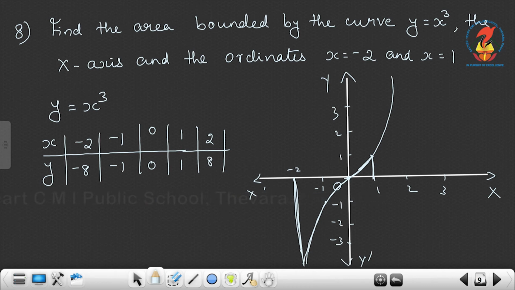So look at the figure, area bounded by the curve y is equal to x cube and the line x is equal to 1 and x axis. So this triangle portion in the right hand side. And left side also the curve y is equal to x cube and x axis and the ordinate x is equal to -2. Here x is equal to 1. So we have two triangles in right side and left side.